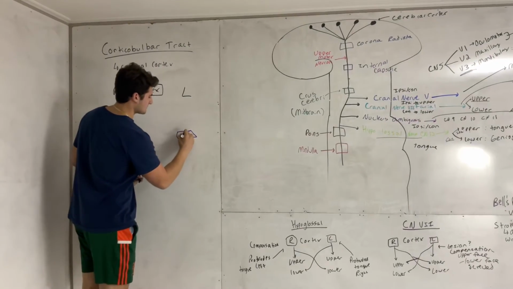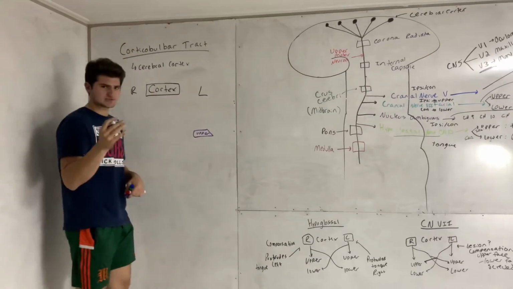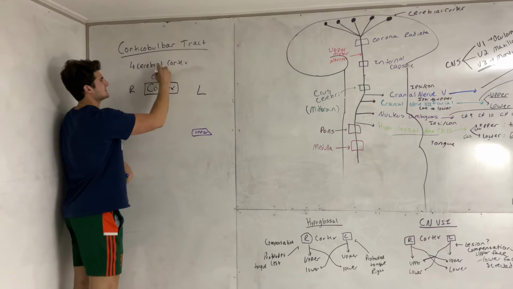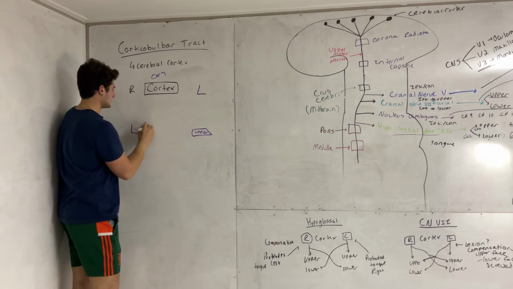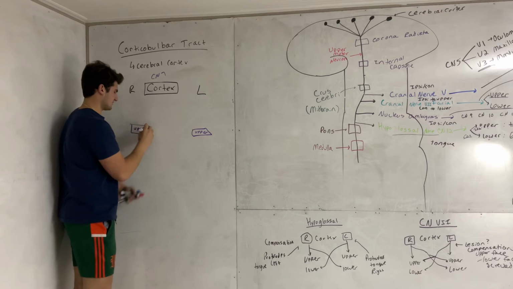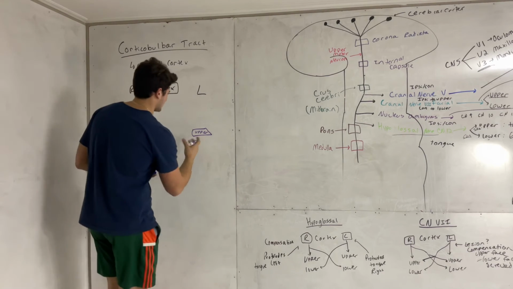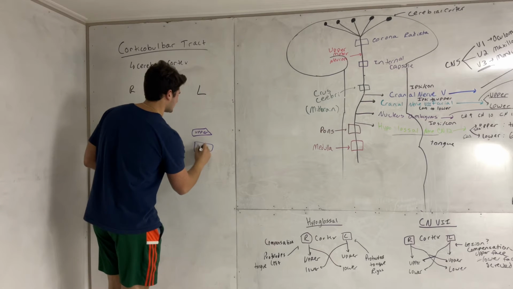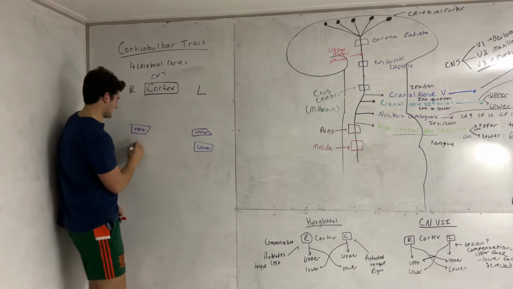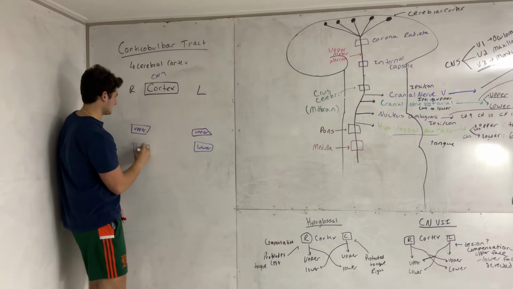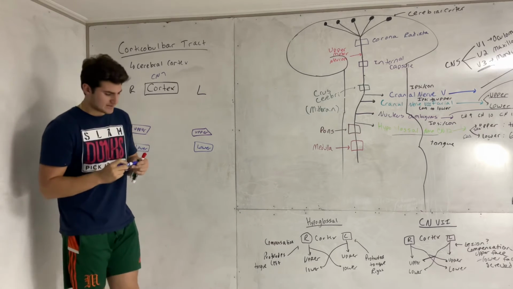We're going to have upper region of the face. Remember, this is cranial nerve 7 we're doing, so I'm going to write CN7. And then we're going to have on the right side, upper region of the face. Now, what are we going to have on the bottom? We're going to have the lower region of the face, and then we're also going to have the lower region of the face on the right side. Not bad.